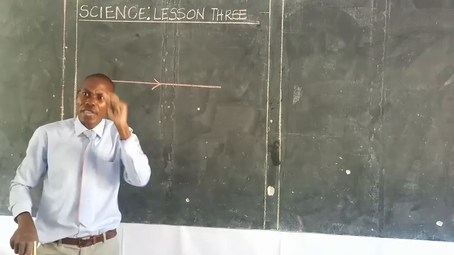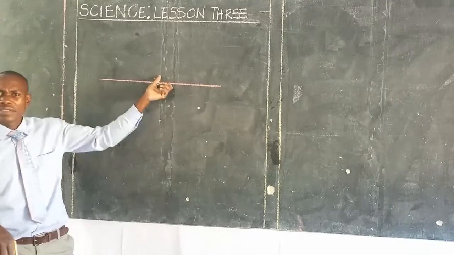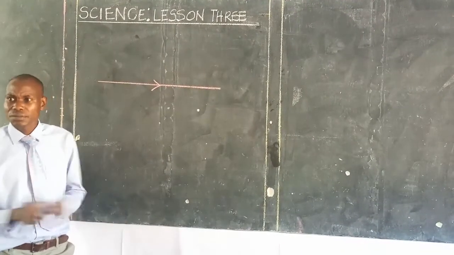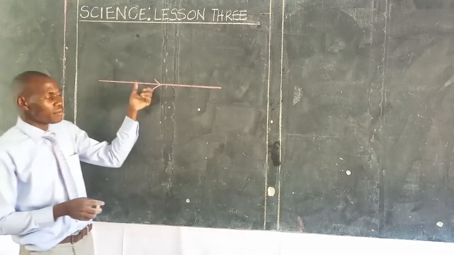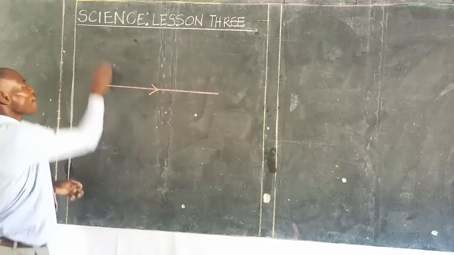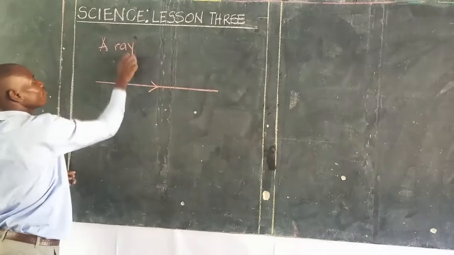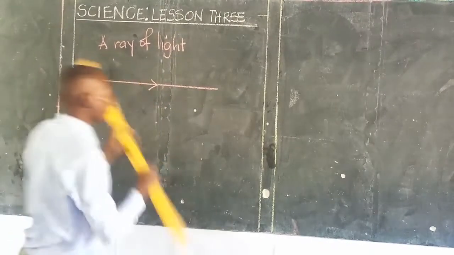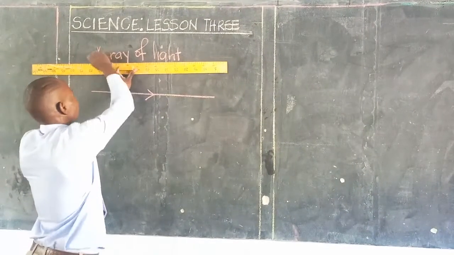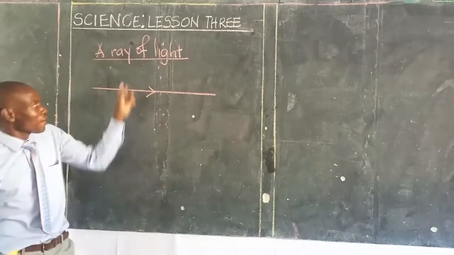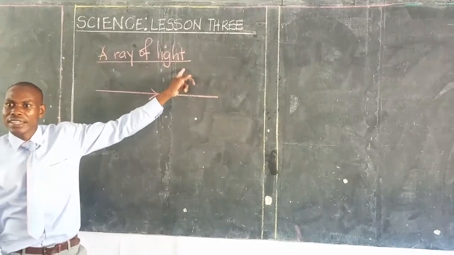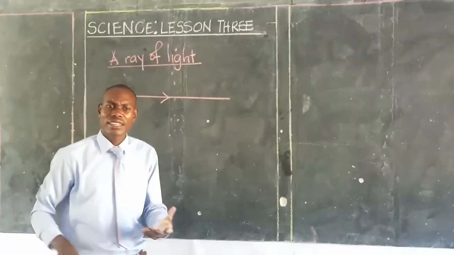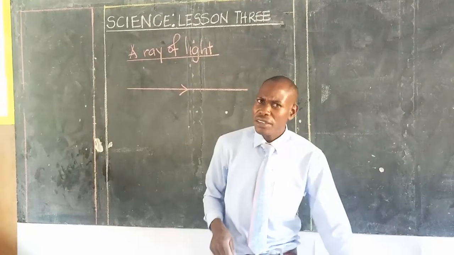However, we have got a special name that we can give to that light that is traveling in a straight line. And that name, boys and girls, is a ray of light. Now somebody is asking him or herself, what is a ray of light?